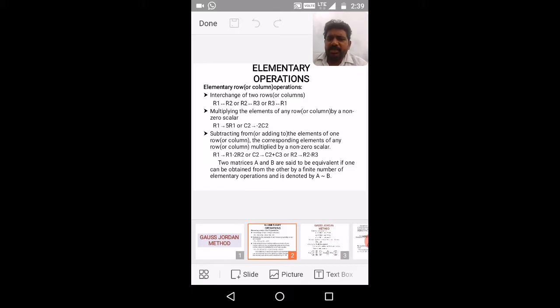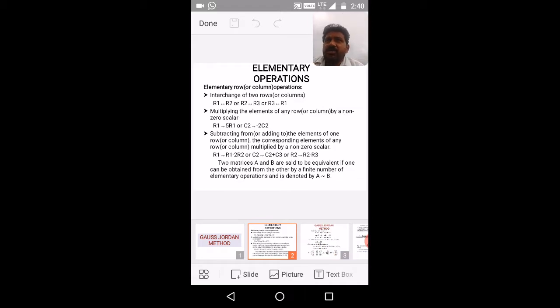For row operations, there are symbols that may be used while solving problems. First, if we interchange two rows, suppose you have to interchange R1 and R2, that is row 1 and row 2, then it can be written as R1 double arrow R2.